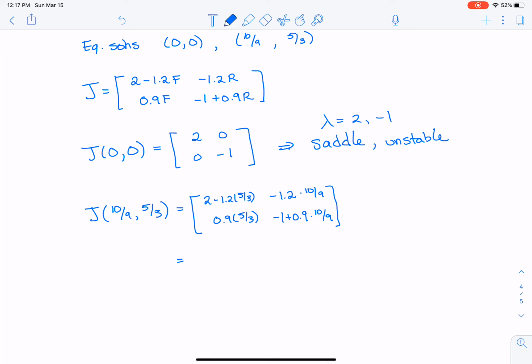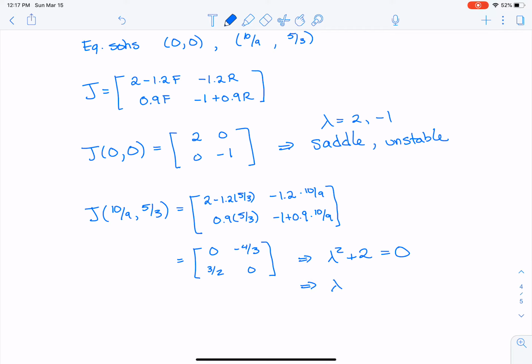Well, what do we get when we run that? We're going to get the matrix [0, -4/3; 3/2, 0], actually. If we want to find the eigenvalues, the characteristic polynomial, hopefully you can see easily that it's lambda squared plus 2, and that equals 0.